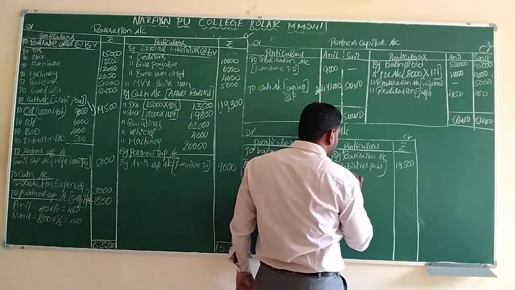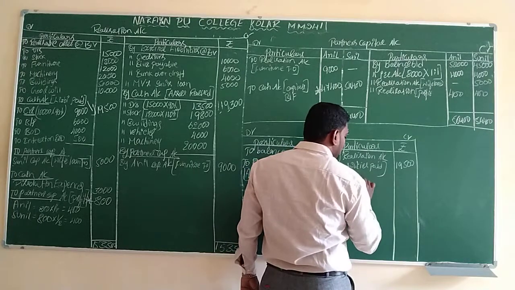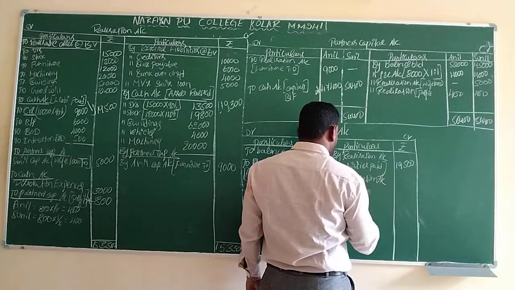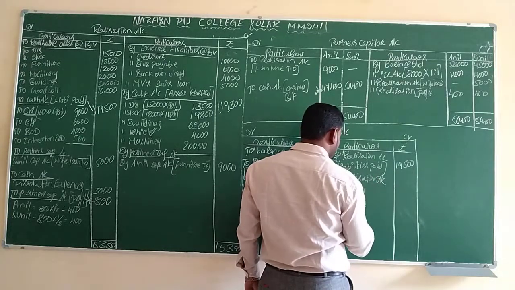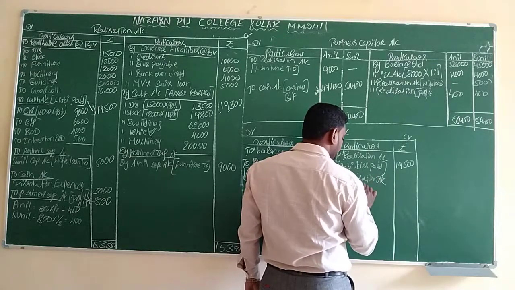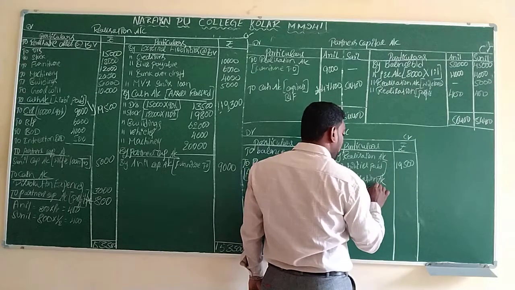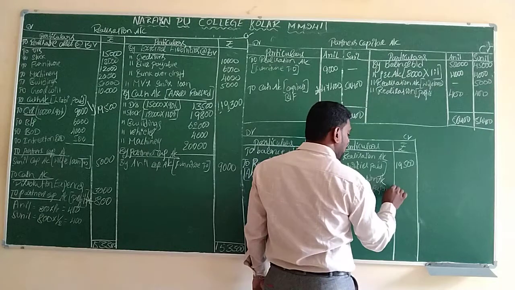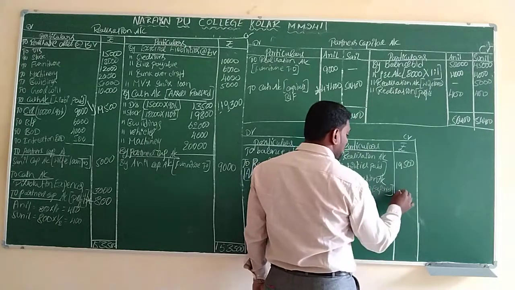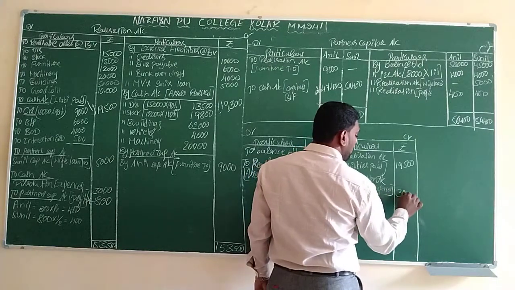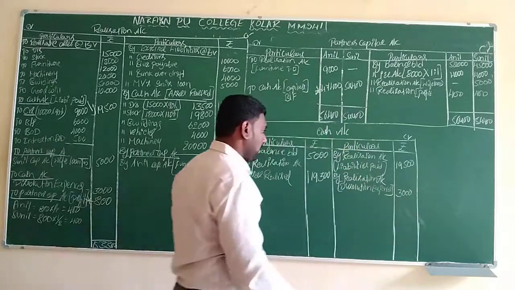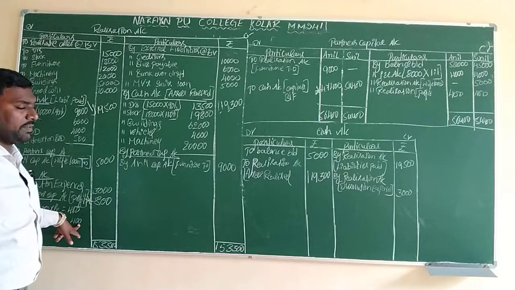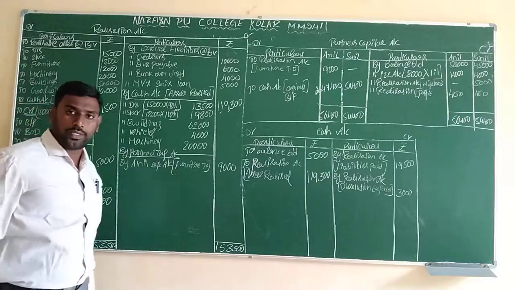We will write 'By realization account', in brackets dissolution expenses. The value is 3,000 rupees. Apart from this, any other values we have to write here? Nothing. So the first accounting process is completed.